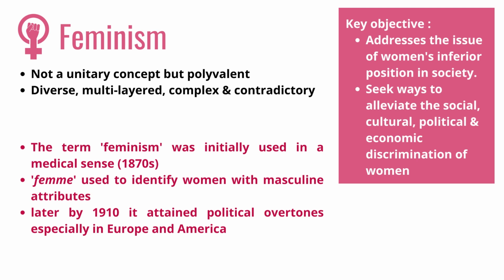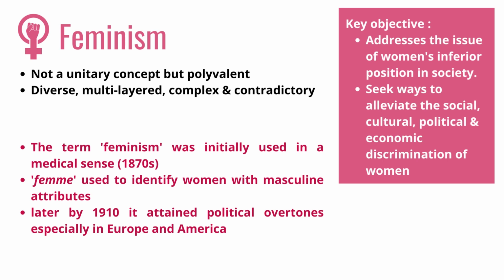That means it is diverse, multi-layered. It consists of many complex and contradictory ideas. It involves many things, and it can be applied to diverse fields of activity as well.